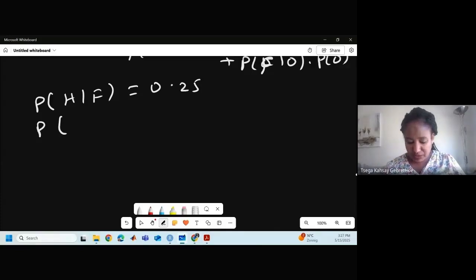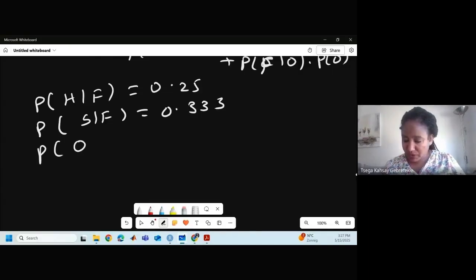Probability of S given F is 0.333. Probability of O given F is 0.417.